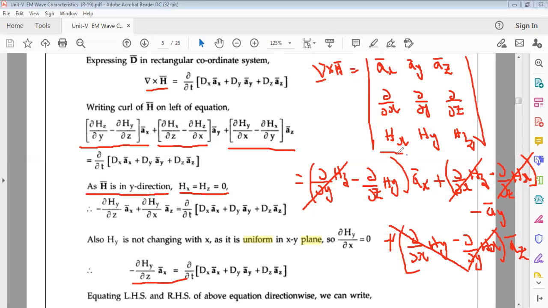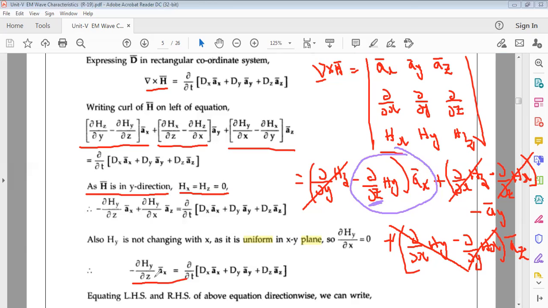We have minus dou by dou z of Hy into ax bar on the left hand side, by applying the conditions Hx and Hz equal to 0, and the magnetic field and the electric field not varying with respect to x, varying with respect to z only.